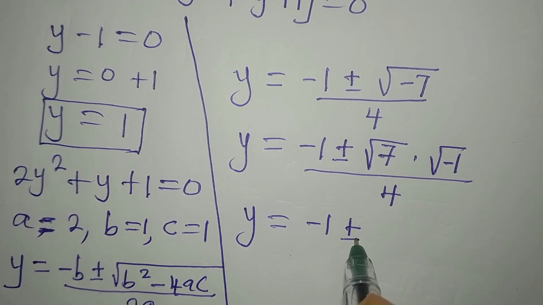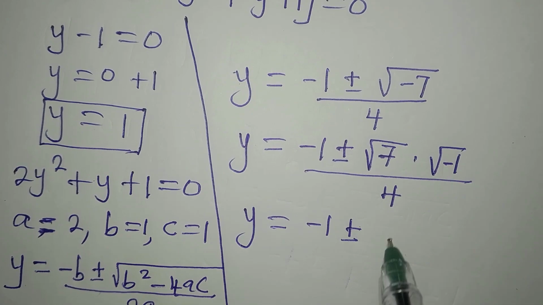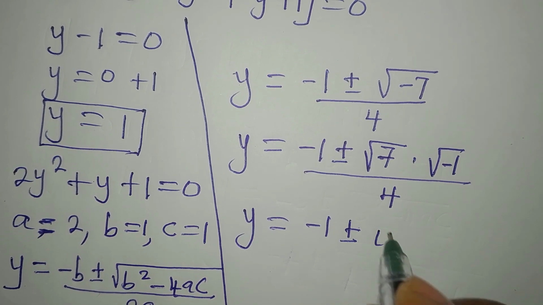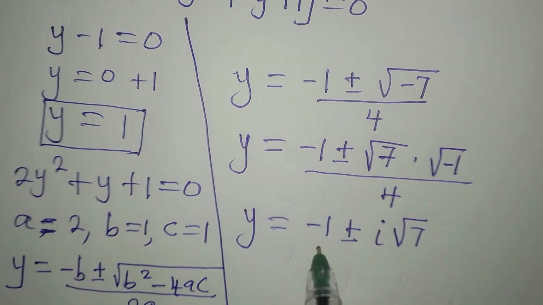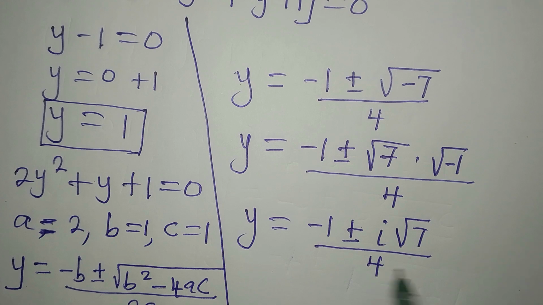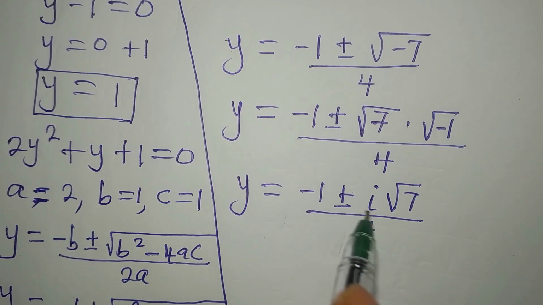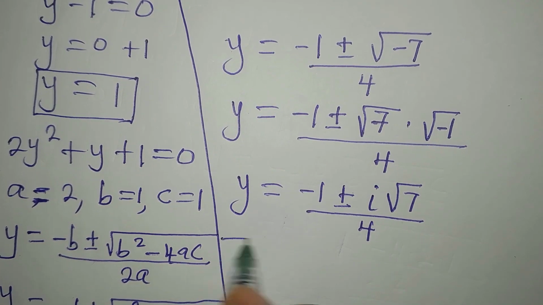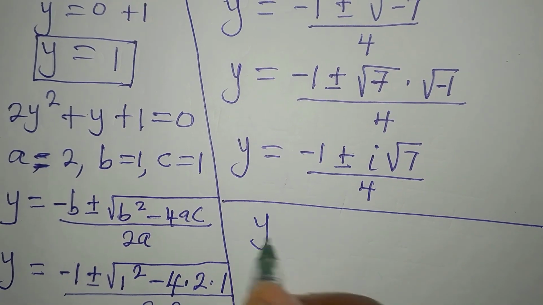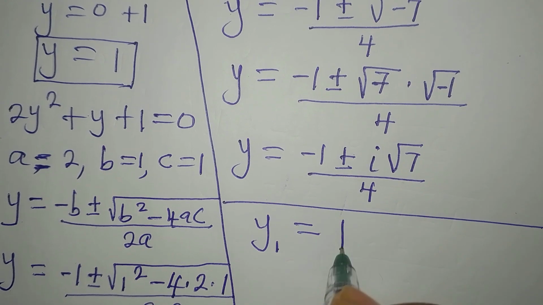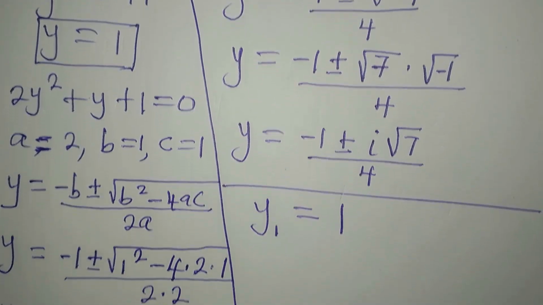Now, if you go ahead with this, you will have y equal to minus 1 plus or minus, square root of negative 1 is i. So I want to write it first. We have i, then we have root 7, and this is over 4. Okay, we would like to stop here, but this is 2 in 1 as well. So let's bring all the solutions together. The first solution is y1, which is equal to 1, the only real solution.